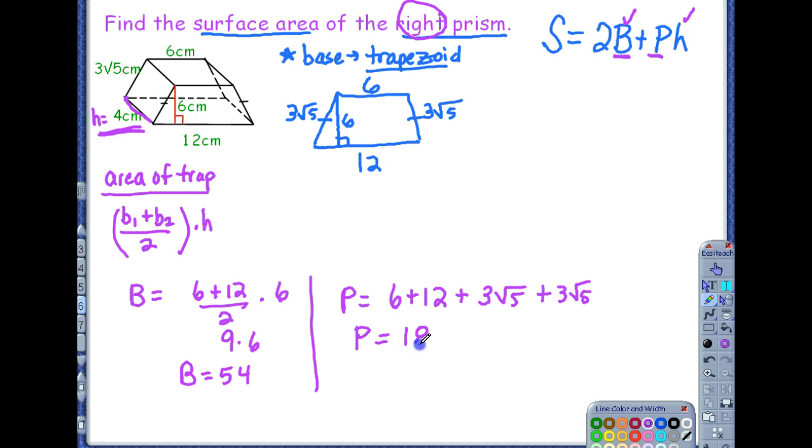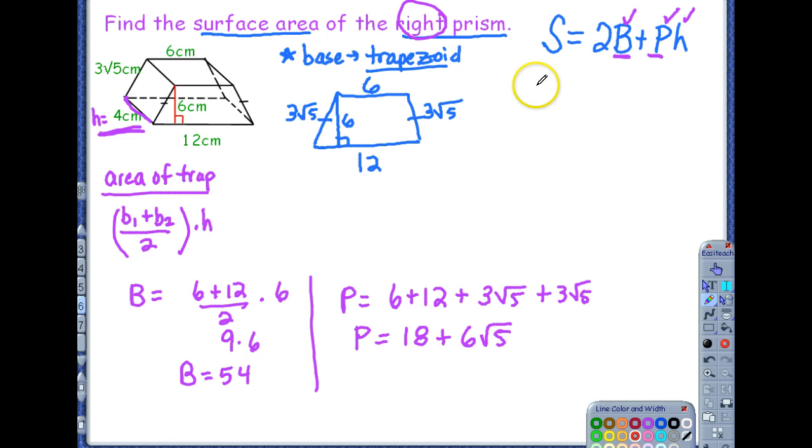I can only combine like terms, and the pieces that have the radicals are like radicals, so I can combine them with each other, but not with the 18. So it would be 18 plus 6 radical 5. Now I'm going to leave it exact for right now. We could type this in our calculator and use a rounded answer in just a minute. So we have the perimeter. It's kind of what you're comfortable with.